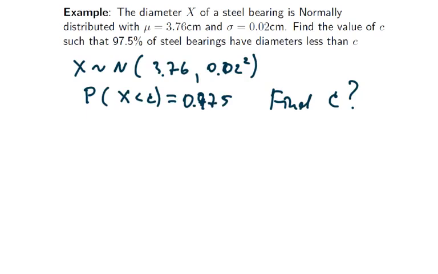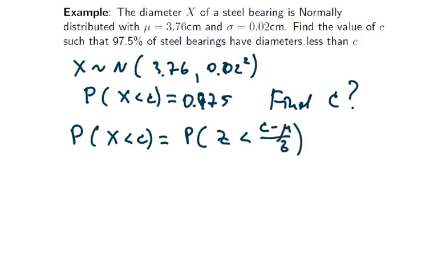So what do we do? The probability that random variable X is less than c equals the probability that random variable Z, which has standard normal distribution, is less than c minus mu divided by sigma. Now we can put in the values of mu and sigma. That is less than c minus 3.76 divided by 0.02, and this should be equal to 0.975.